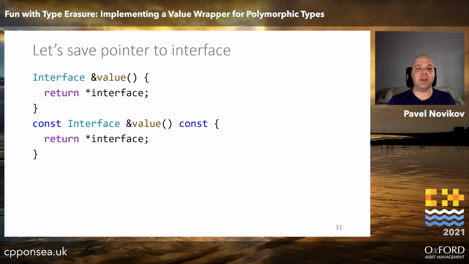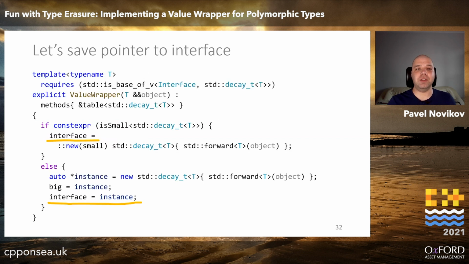So we have a rather simple implementation for the value retrieval functions. We use a pointer to return references from these functions, and of course we need to put some address into that pointer when we construct or copy our contained value.